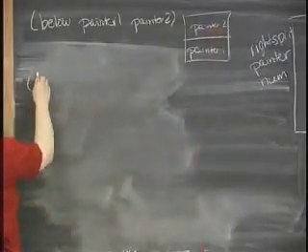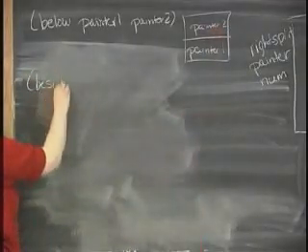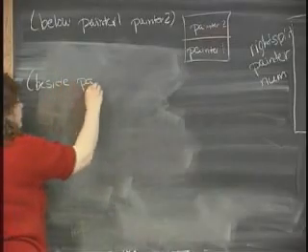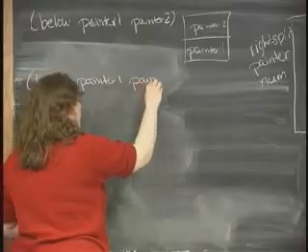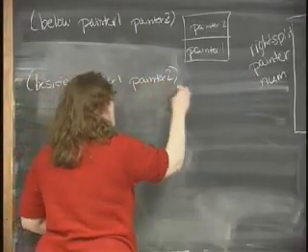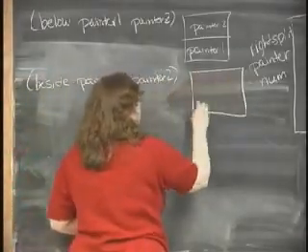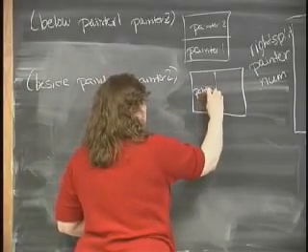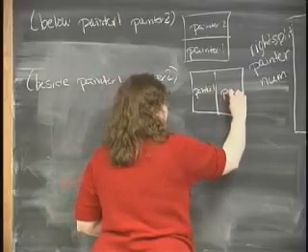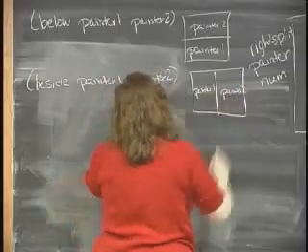We have another procedure called beside, which also takes two painters. And what it returns is painter 1 next to painter 2.